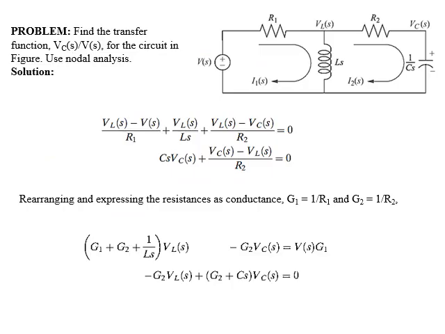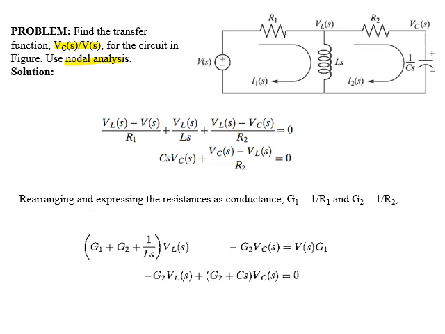Dear students, now we will apply nodal analysis in an example. In this example, we'll find the transfer function Vc(s) over V(s) with the help of nodal analysis. Like the previous one, the first step was to find impedances of each element.